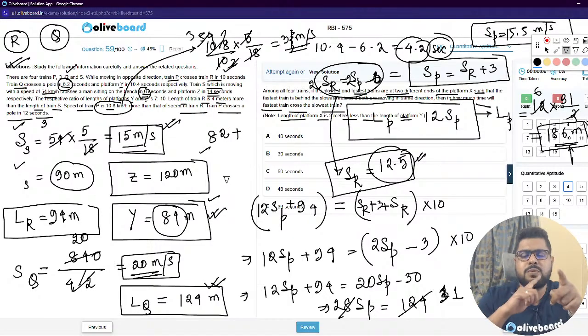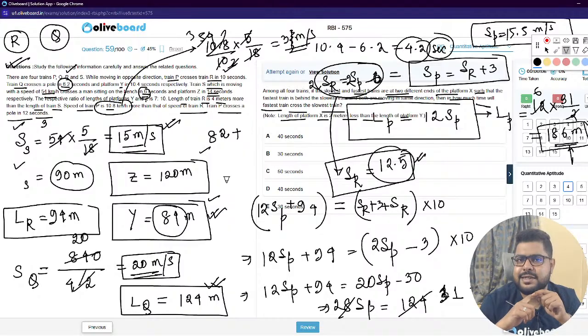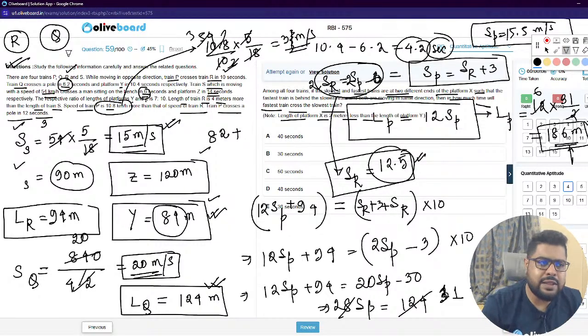But in order for the trains to cross each other, they have to cover the sum of their lengths. So the length of R is 94 and the length of Q is 124.